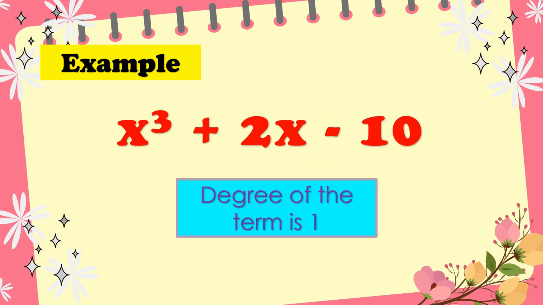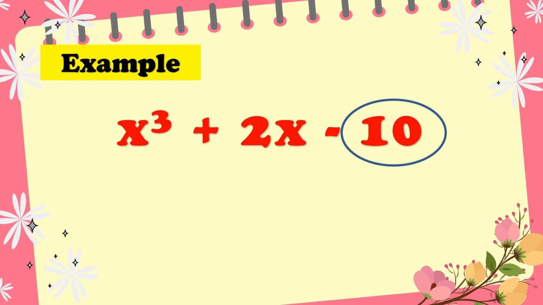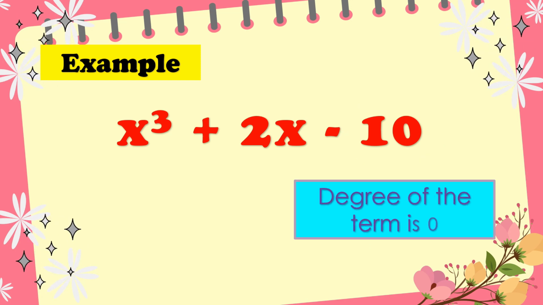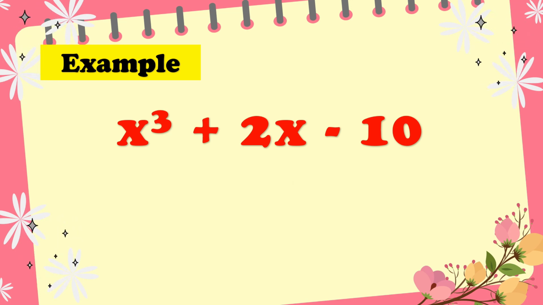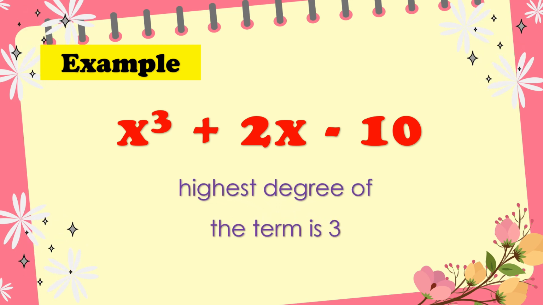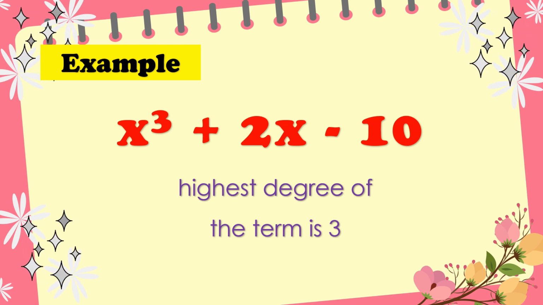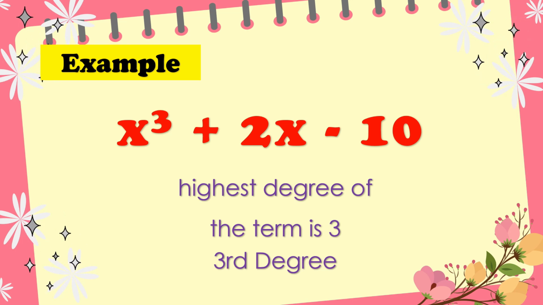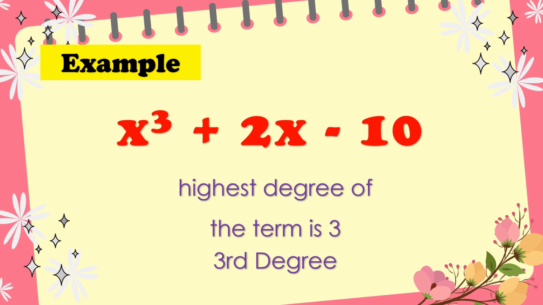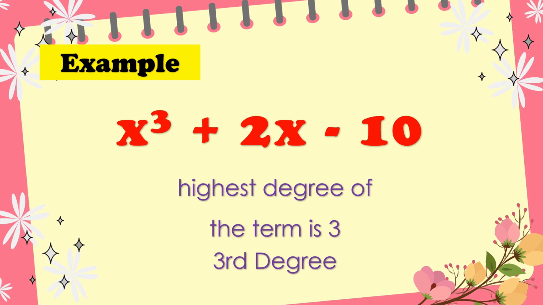Ang degree niya ay 1. Negative 10. Ang degree niya ay 0 kasi constant siya. Ngayon, ano yung pinakamataas na degree ng terms na meron tayo? The highest degree of the term is 3, and therefore, the polynomial is on the third degree.